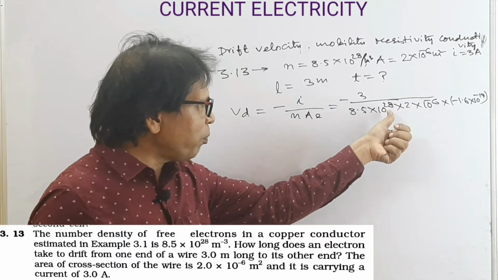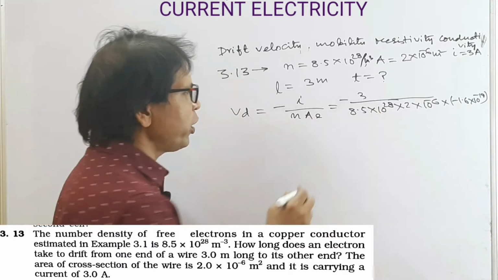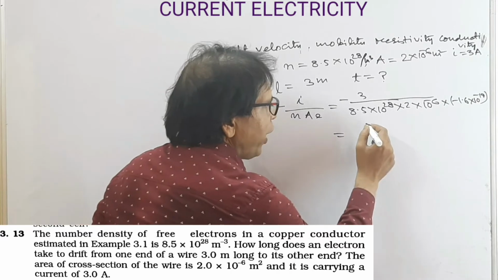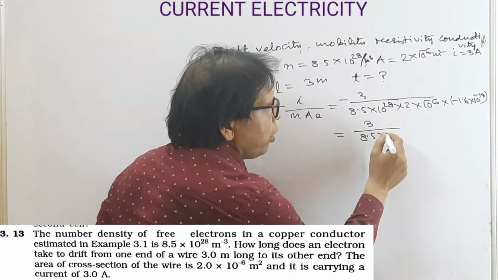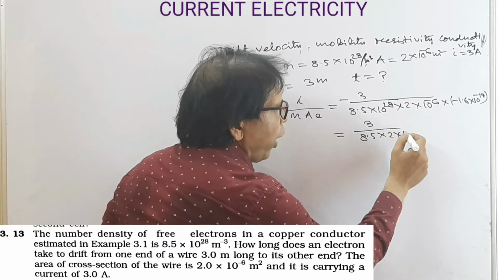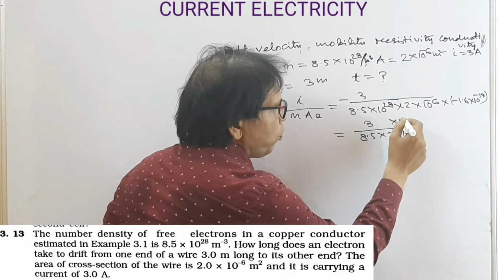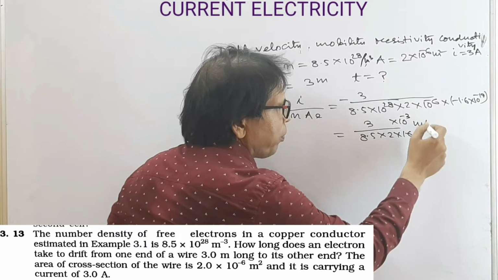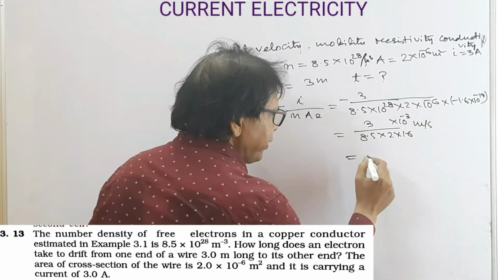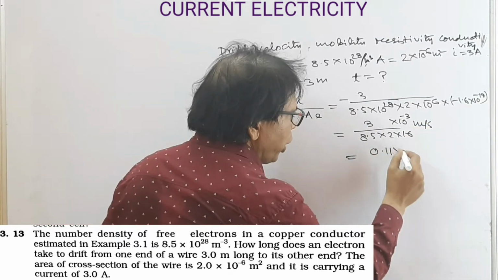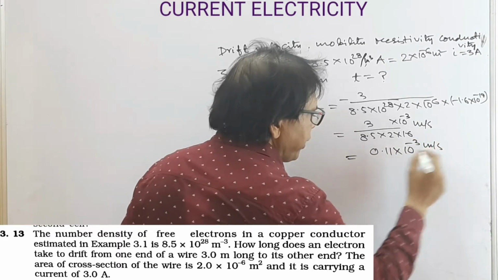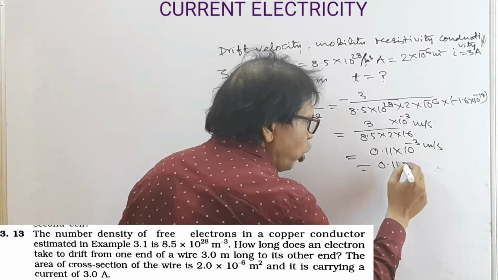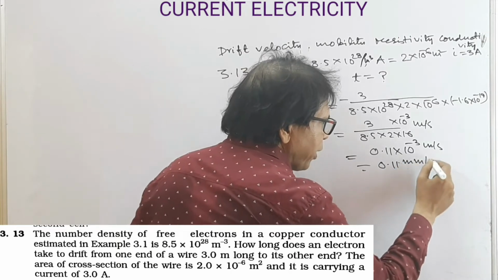Minus 25 plus 28, so 10 to the power 3. So look at this. 3 divided by 8.5 into 2 into 1.6 into 10 to the power minus 3 meter per second. Okay. This is the 0.11 into 10 to the power minus 3 meter per second. So this is the 0.11 millimeter per second.